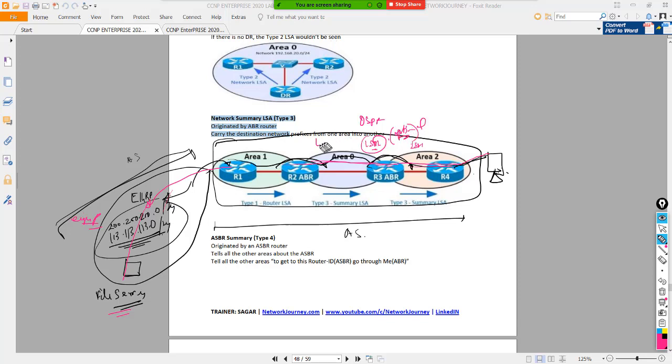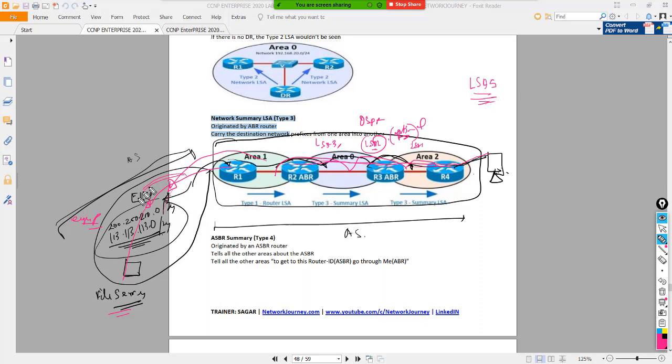Now what is LSA3? Yes, we need LSA3 because that's how the inter-area networks are going to communicate. Now which LSA is going to take care of these external routes? That's called LSA 5, link state advertisement 5.